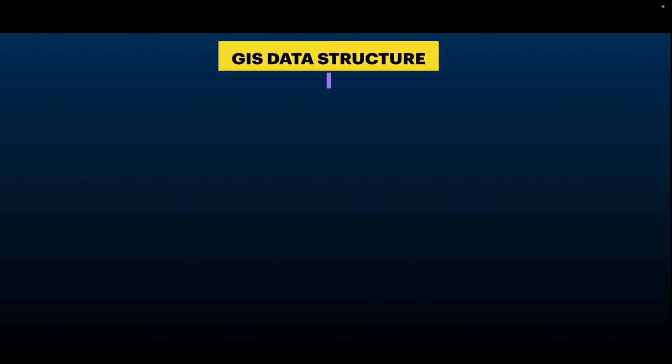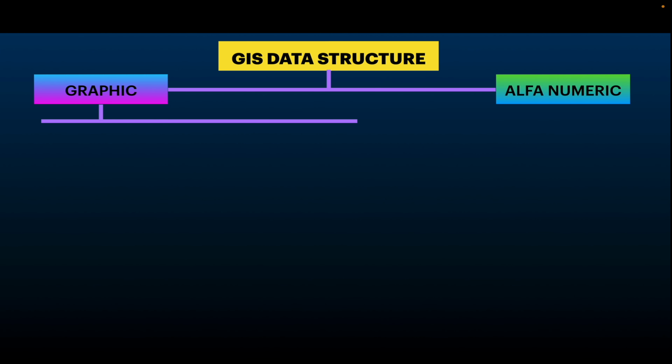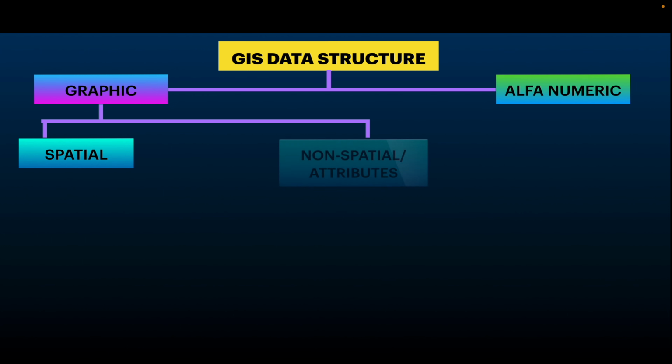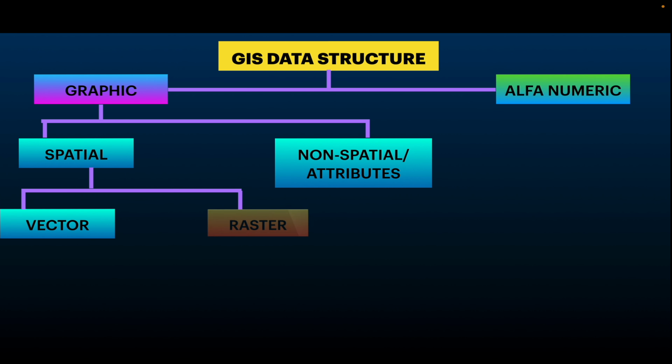GIS data structure. It has graphic as well as alphanumeric data. Graphical data can be presented again in the form of spatial and non-spatial attributes. Spatial data is again divided into vectors and raster.